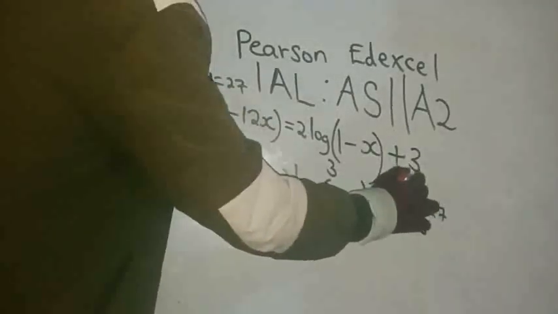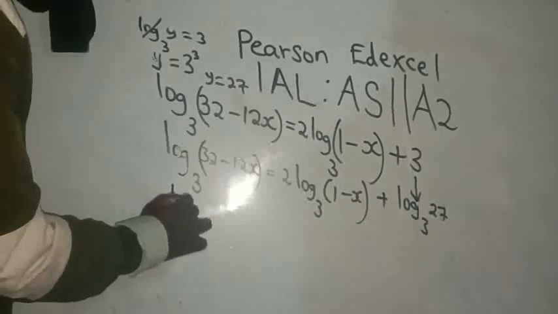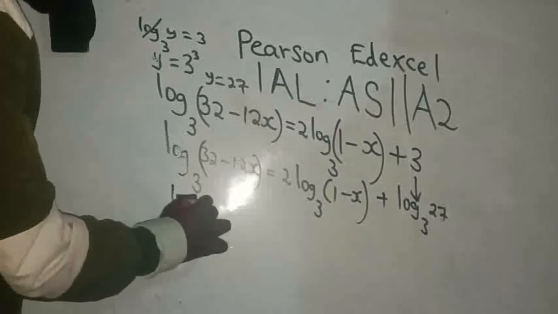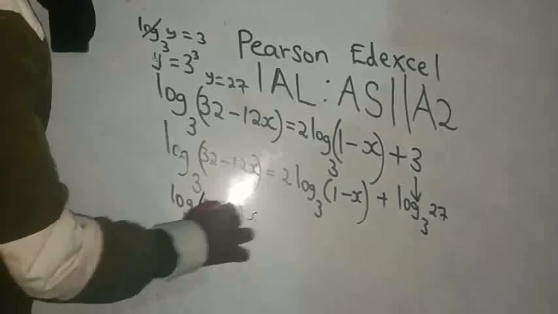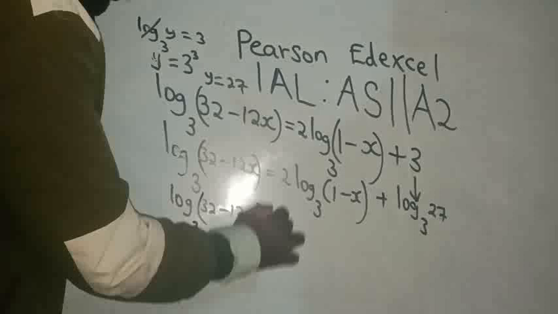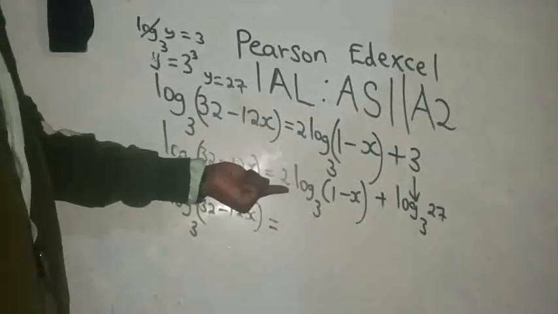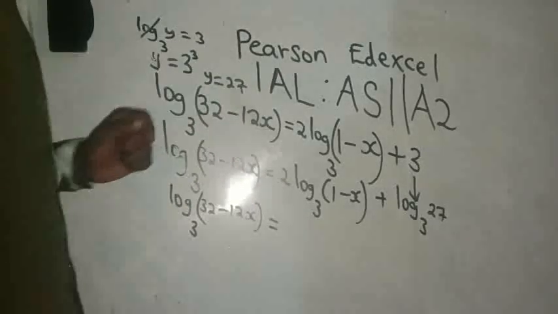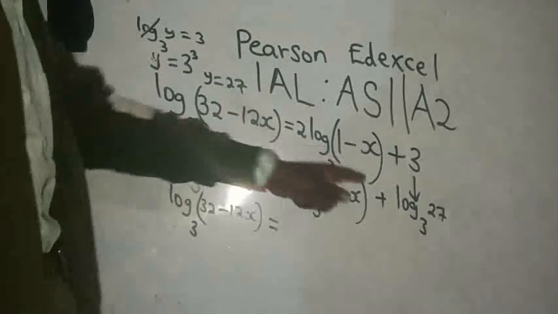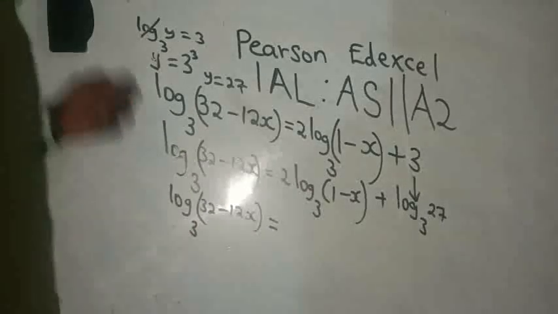So this is the same as this. We shall say log 32 minus 12x to base 3 should be equal to, if we have a logarithm with a coefficient, that coefficient is always taken back and serves as a power of the expression given in the question.